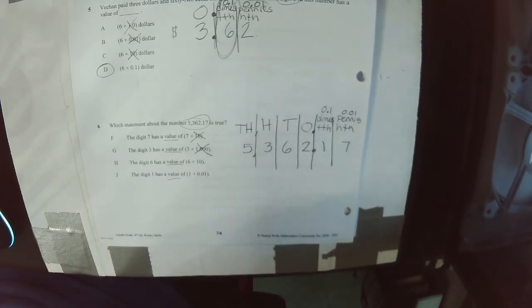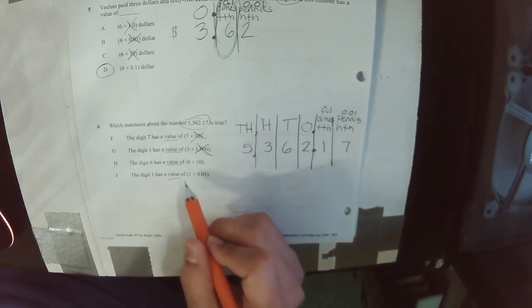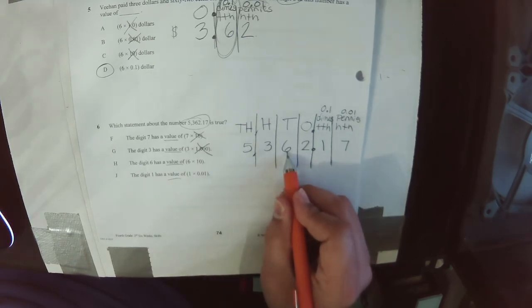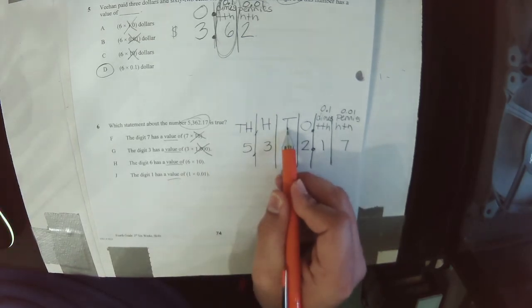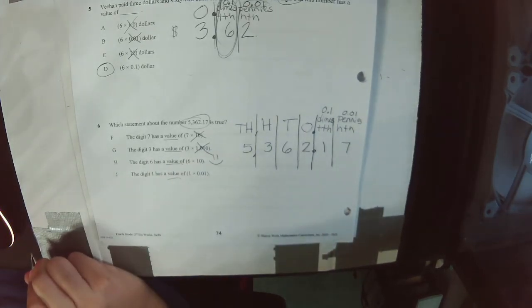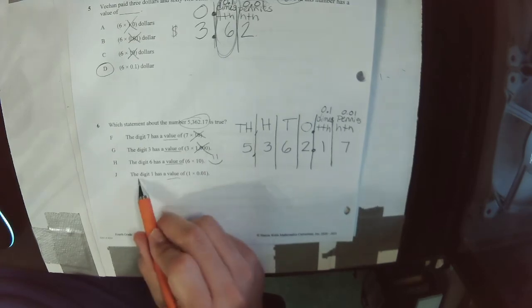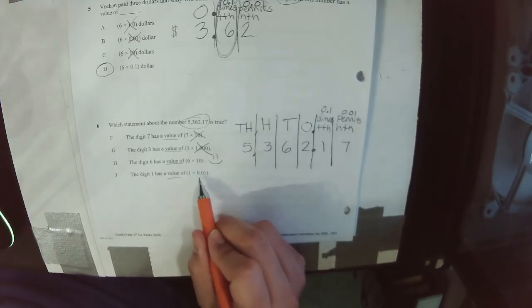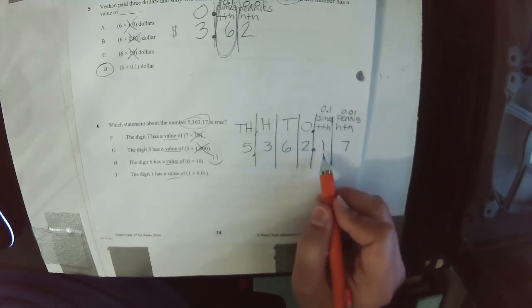H, the digit 6 has a value of 6 times 10. Here's 6. That is in the tens place. And J, the digit 1 has a value of 1 times 0.01.